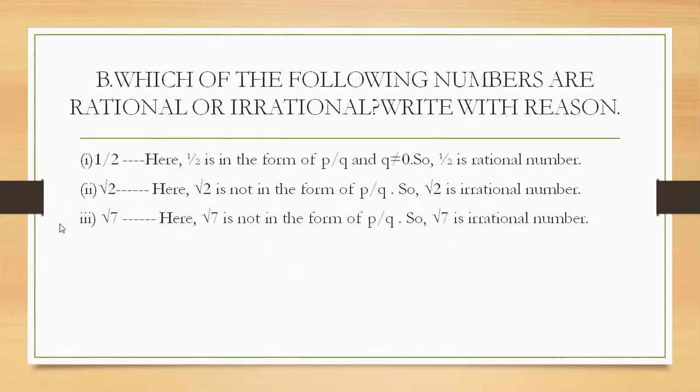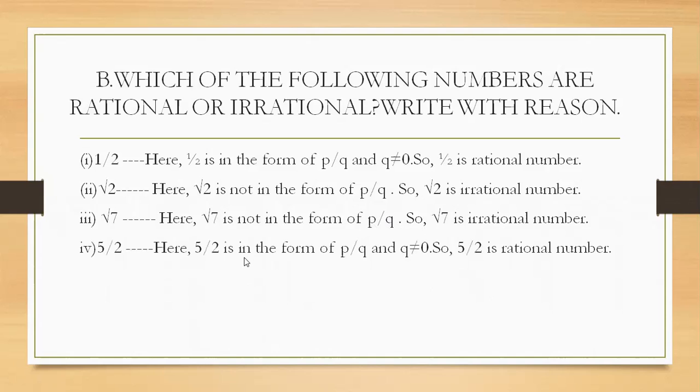Number 3, square root 7, is also irrational because it doesn't come outside the root sign, or you can write the reason that square root 7 is not in the form of p by q. 5 by 2 is in the form of p by q, and q is not equal to 0, so 5 by 2 is a rational number.